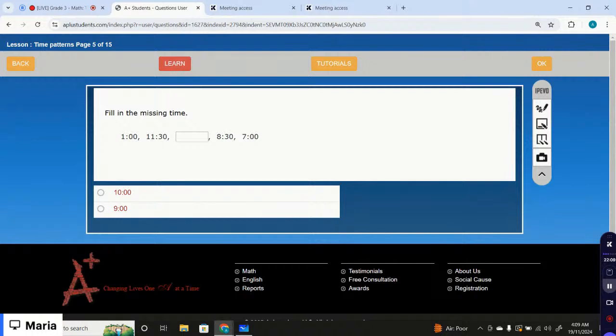So the next one is, the time is decreasing by 1:30. Very good. The next one is option number 1, that is 10.